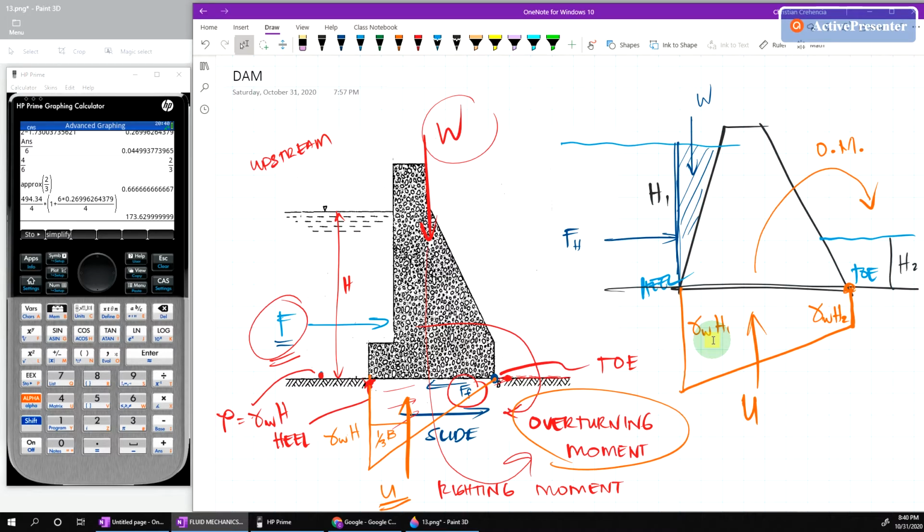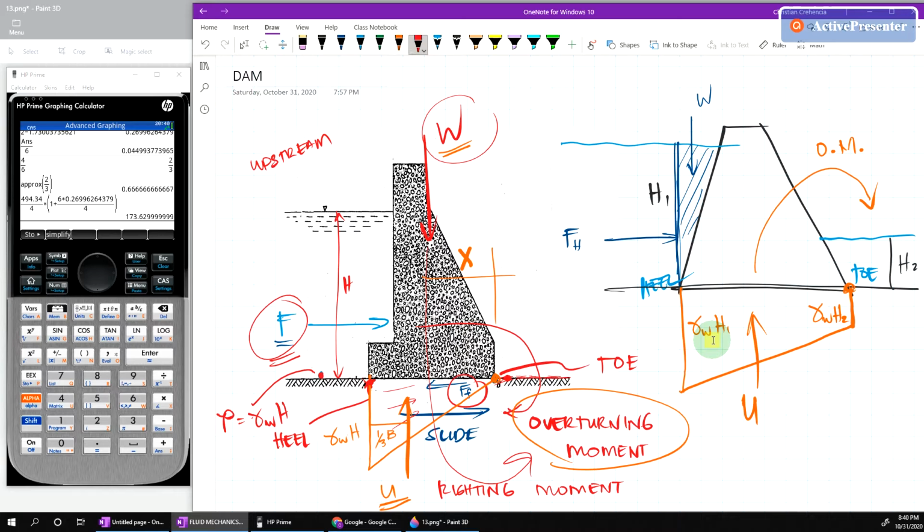Kasi kung etong buong area na to, pwede naman if you know the centroid of this area, kunin mo yung total weight, then dapat alam mo yung distance x. Okay, so let's say we have distance x from the toe. Lahat ng moments natin is galing dito sa toe. So definitely mas mahirap ma-locate yung centroid ng ganitong shape.